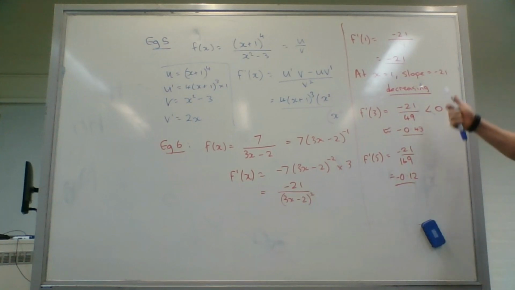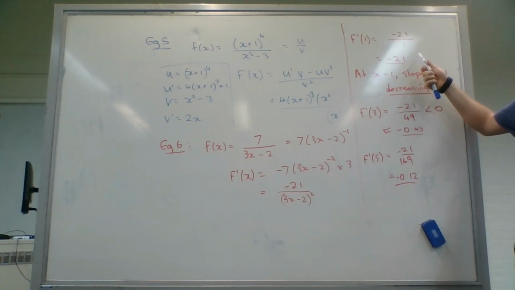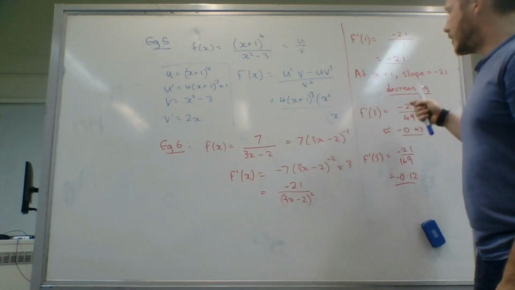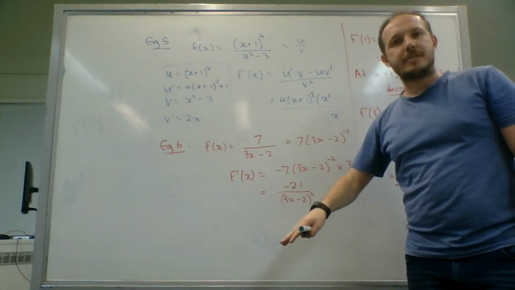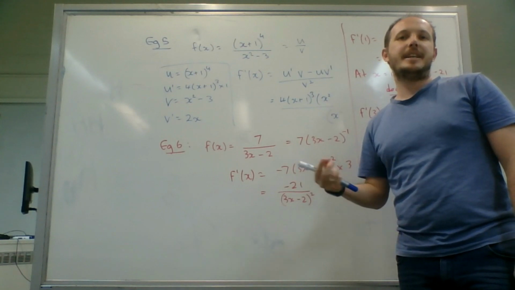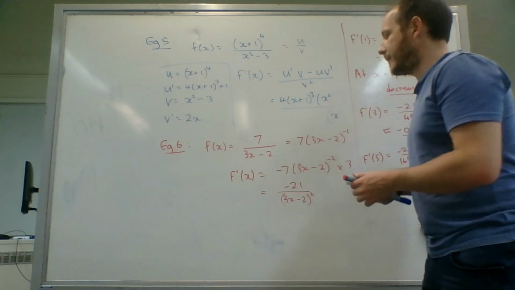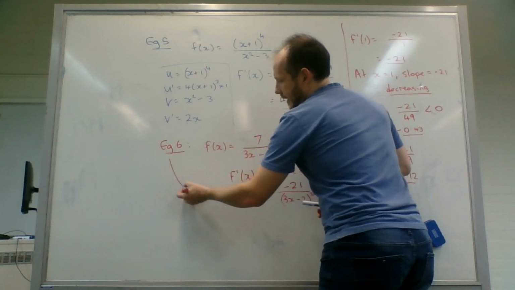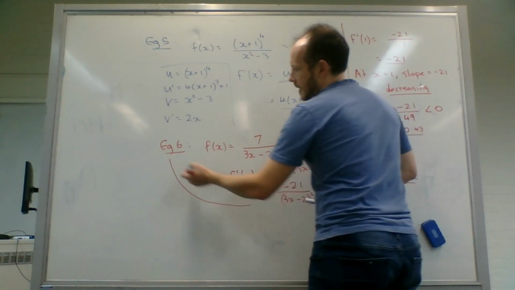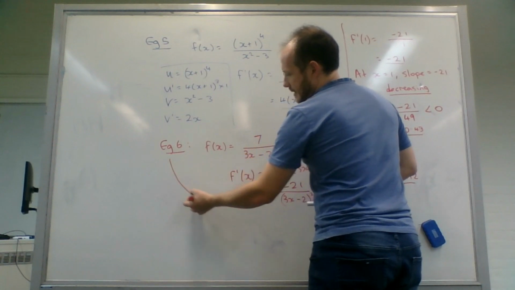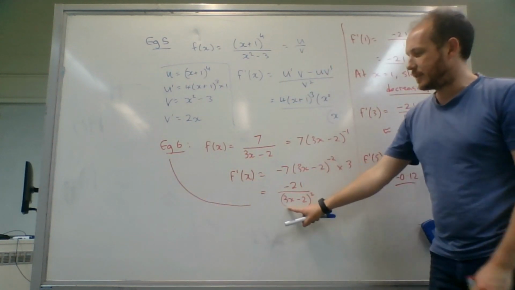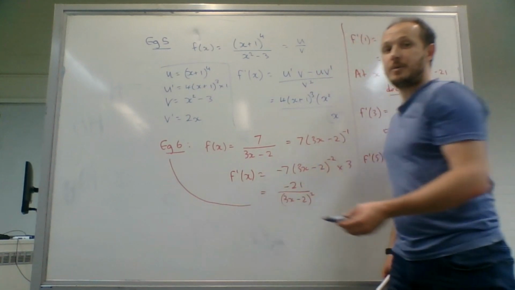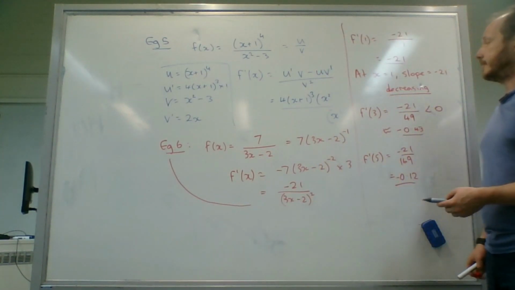Now, the slope is always negative, okay? So the function is always going down, but it's going down at a decreasing rate. Okay, so this function, if we actually looked at what it looked like, up here, it's going to come down like this, okay? So as x gets larger and larger, as we put bigger and bigger numbers into here, this slope is going to get close to 0. It's not going to equal 0, but it's going to get close to 0, all right?